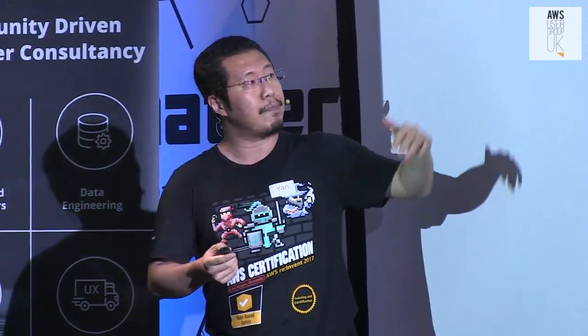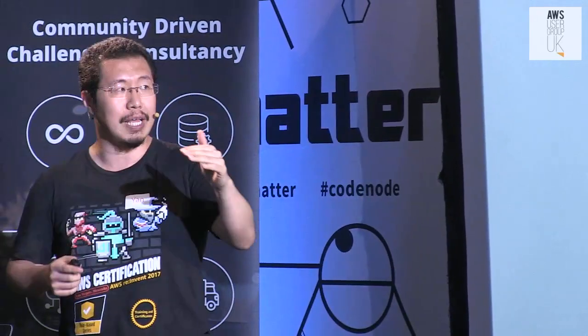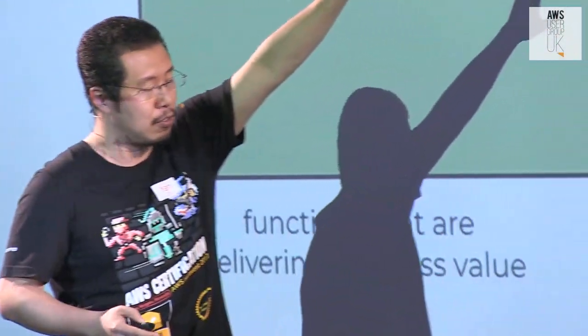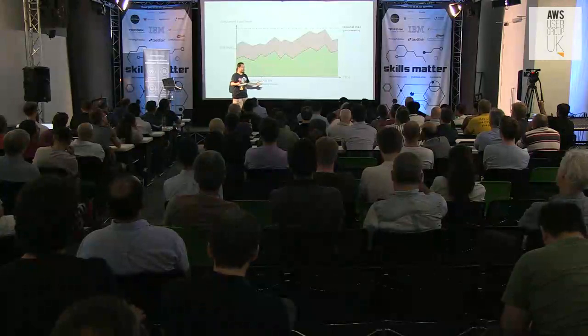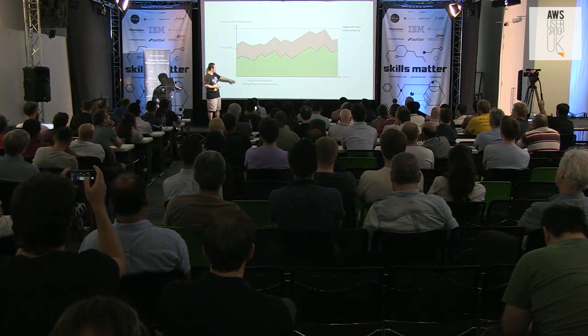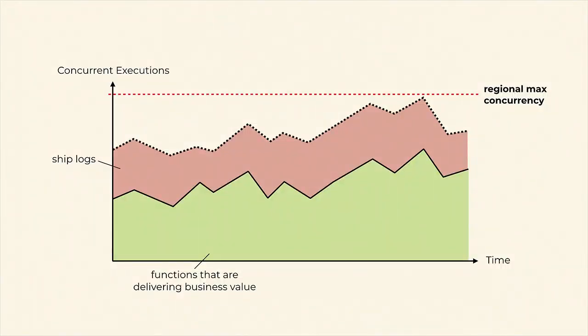So this additional load might end up pushing you much closer to your regional limit. And if you are just unlucky, then when the maximum concurrency is reached and exhausted, any function can get throttled the next time Lambda tries to run it, which could be your business critical function, which means the concurrency you're using for shipping logs can actually start to hurt you in terms of the critical path.